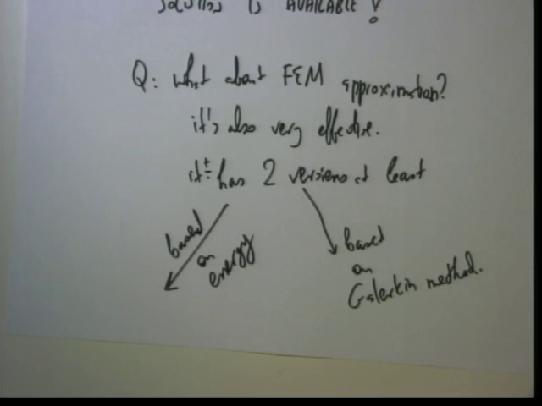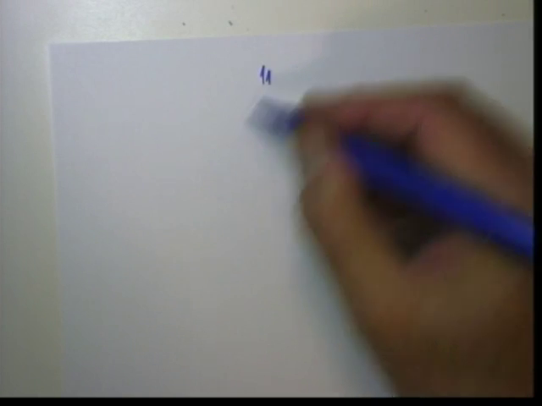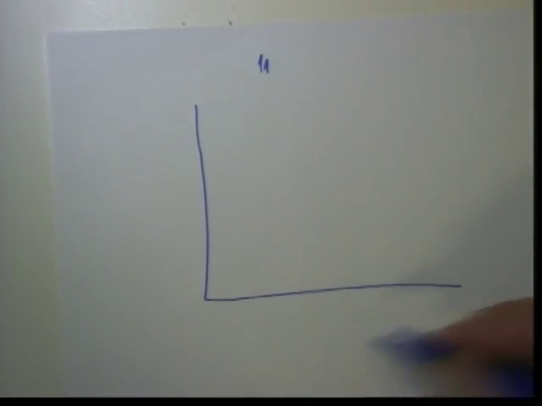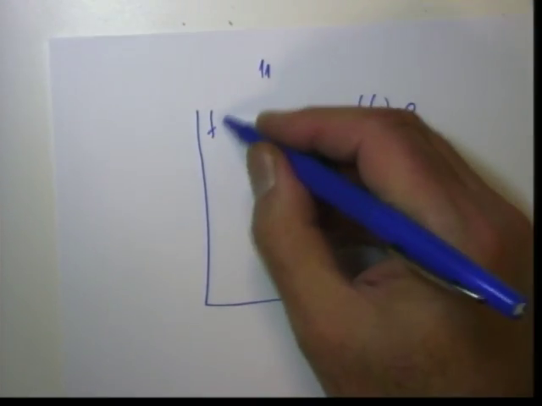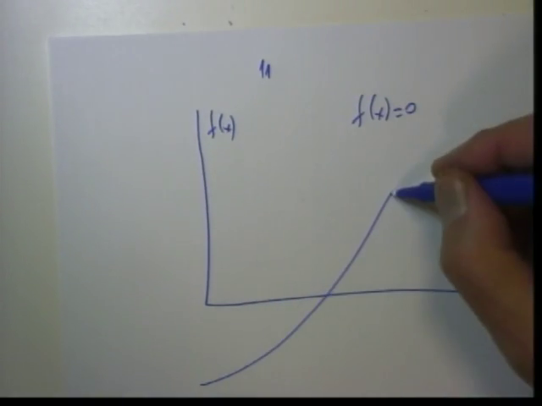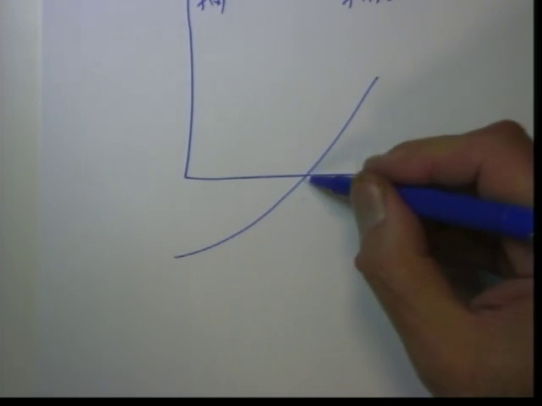So what student is referring to, I think, is as follows. Imagine I have this equation, f of x equals 0. And this f of x is like this. And I would like to find this root.